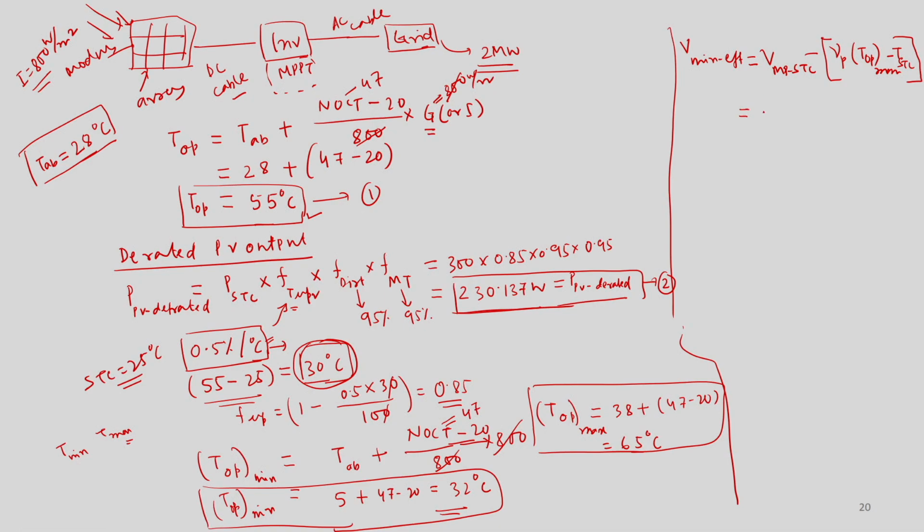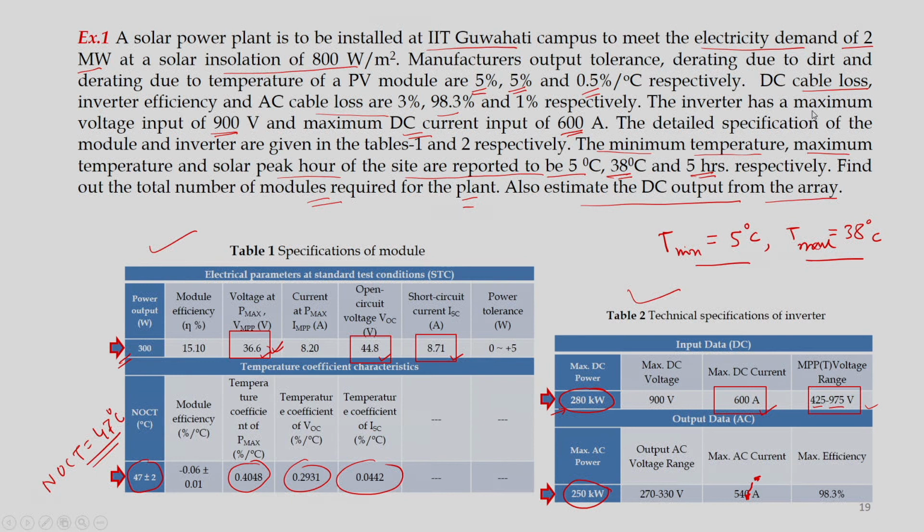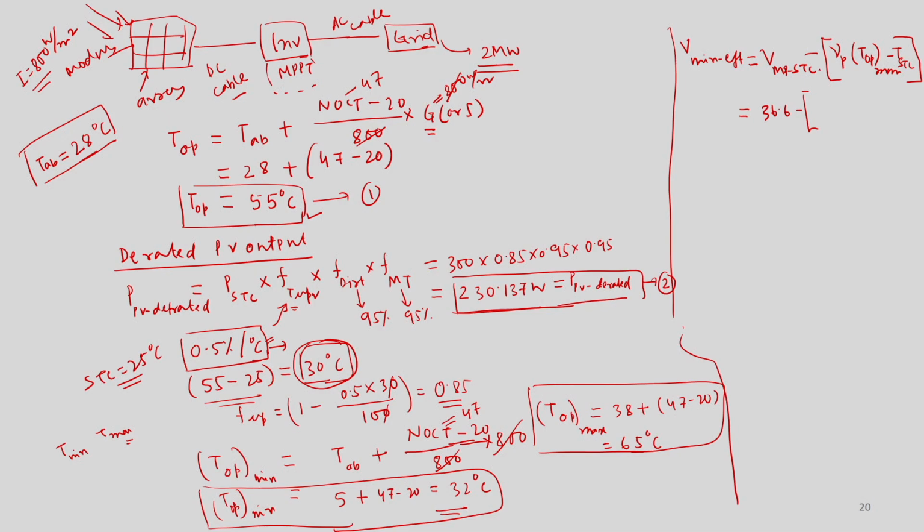So, this is 36.6 minus gamma P, which is given as 0.4048, so 0.4048 divided by 100, multiplied by T operating maximum.